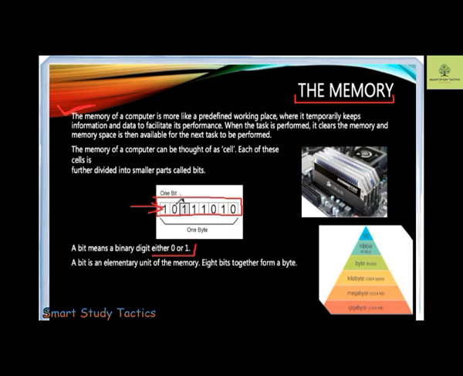So 1, 2, 3, 4, 5, 6, 7, 8 becomes 1 byte. If I talk about any one of them, it becomes 1 bit. So 8 bits become 1 byte. Is this clear to all of you?